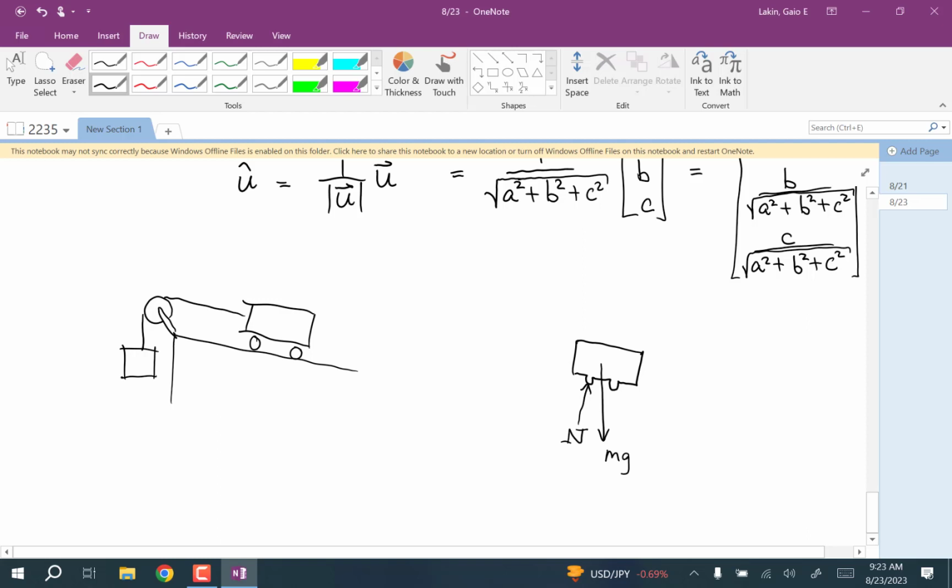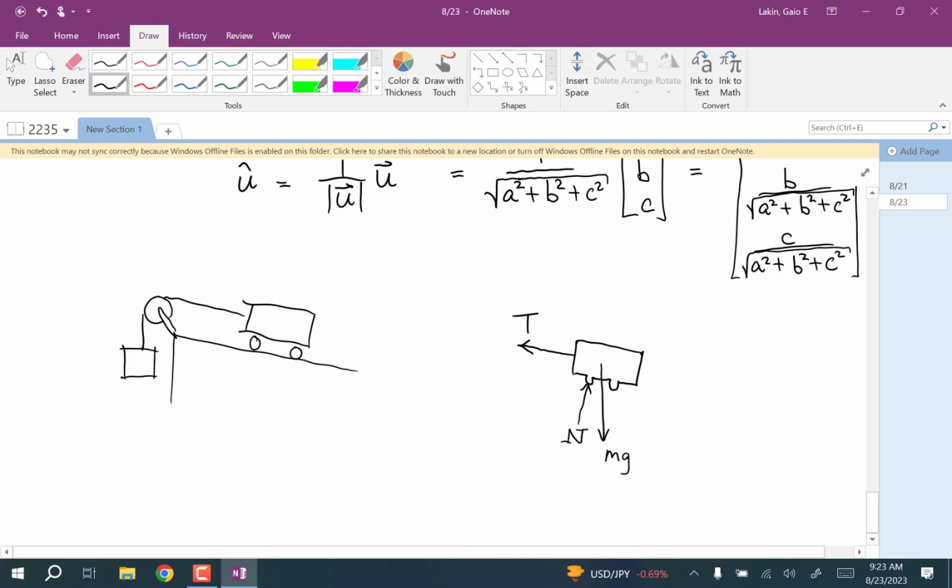The force applied to this thing by the cable is parallel to the cable. We don't know the magnitude. It has a magnitude of T, right? Okay, well, if this is at a funny angle like this, how are we going to come up with a vector that has a magnitude of T and is in this direction?